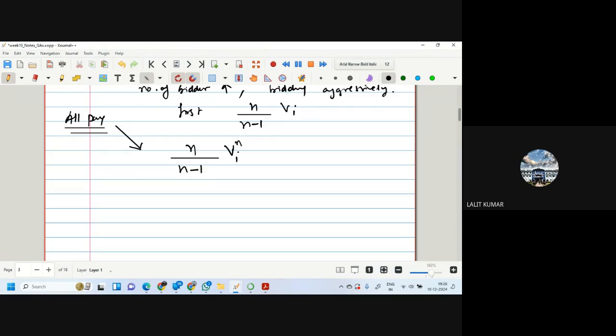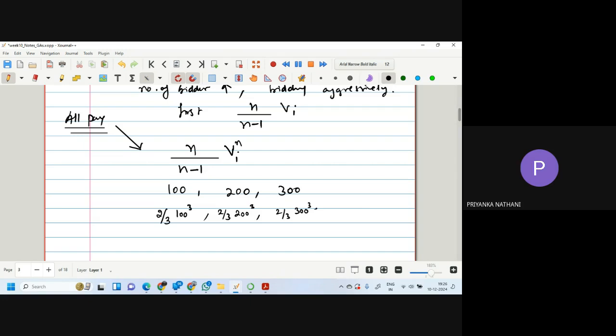So in this case, for example, with 100, 200 and 300, you will pay 2/3 of 100 cubed, 2/3 of 200 cubed, and 2/3 of 300 cubed.